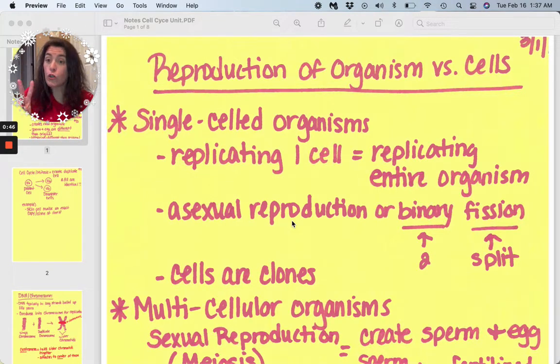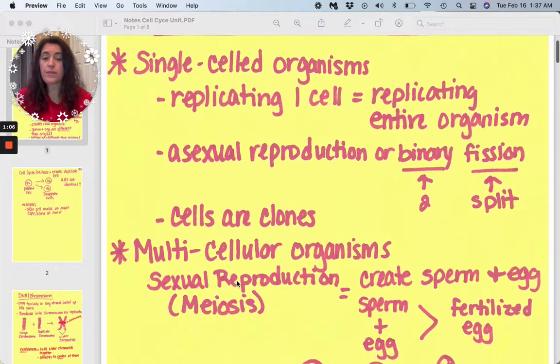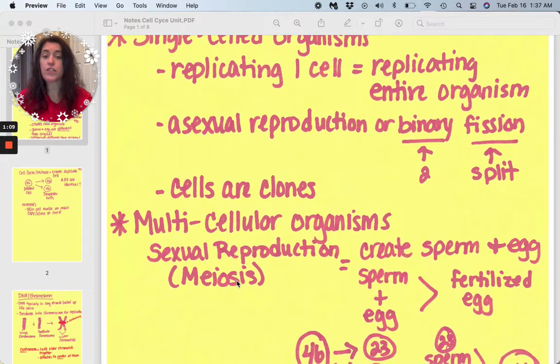Binary meaning two and fission meaning to split. So it splits itself in two. It has created an identical clone of itself. So you start with one, it duplicates everything on the inside, and then just kind of splits. Boom. Two identical clones.